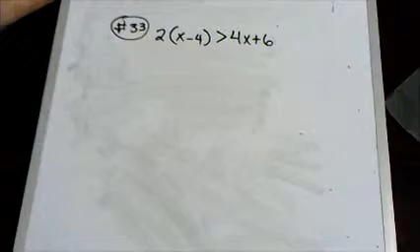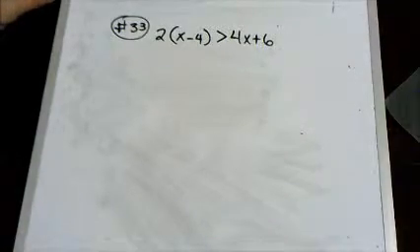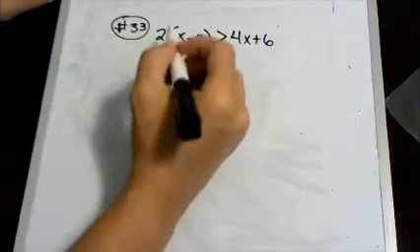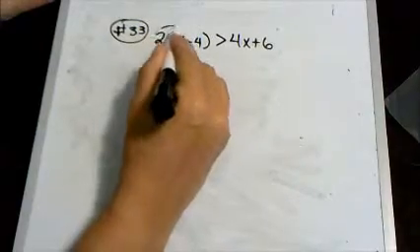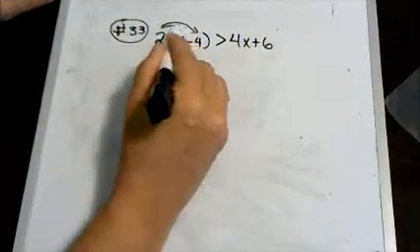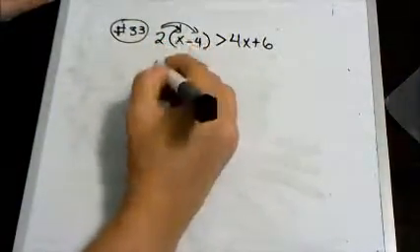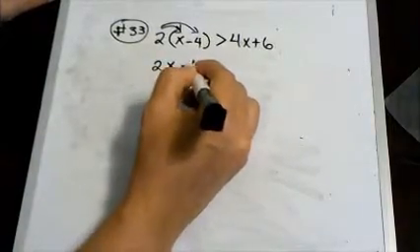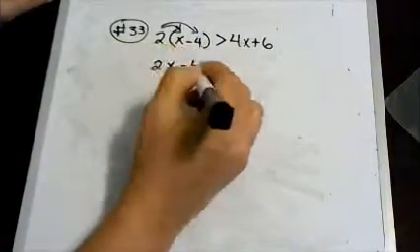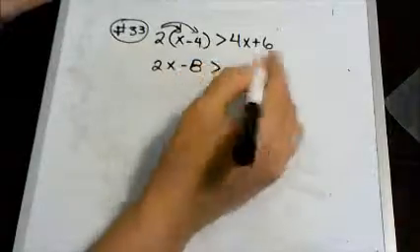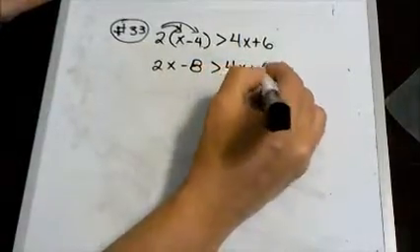On this one, if you notice, we have to distribute. Anytime you see a parentheses, you can distribute. So 2x minus, what's negative 4 times 2? Minus 8 is less than 4x plus 6.